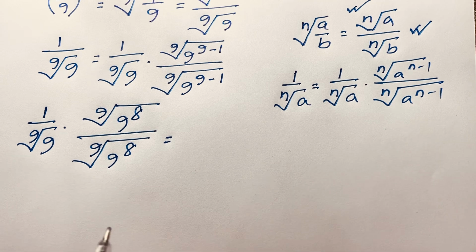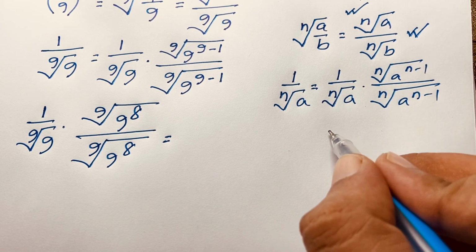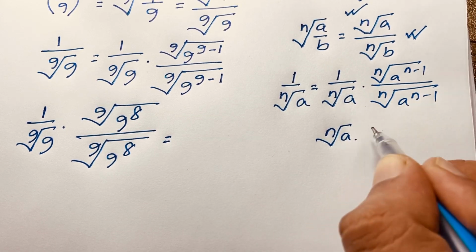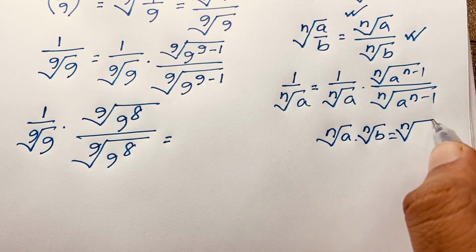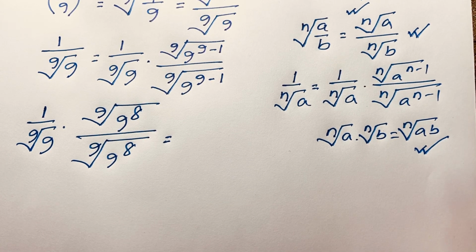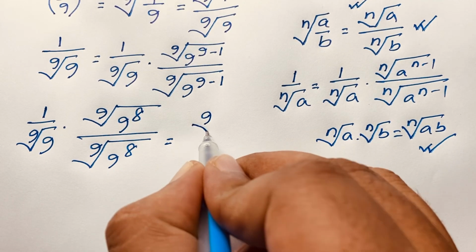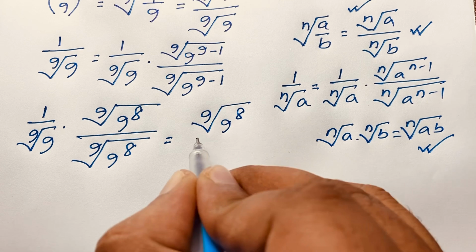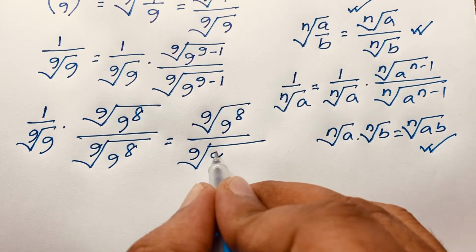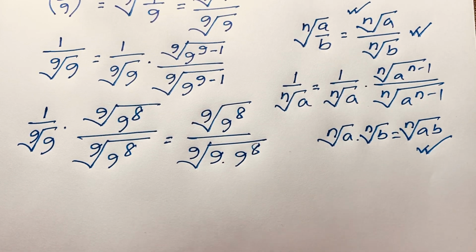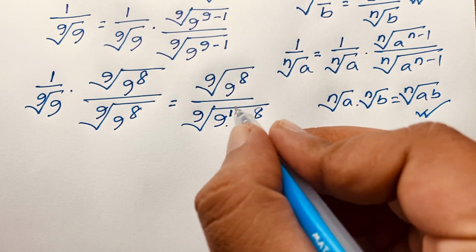Now, applying the law that the nth root of a times the nth root of b is the nth root of ab, the denominator is the 9th root of 9 times 9 to the power 8, where this exponent of the first 9 is 1.